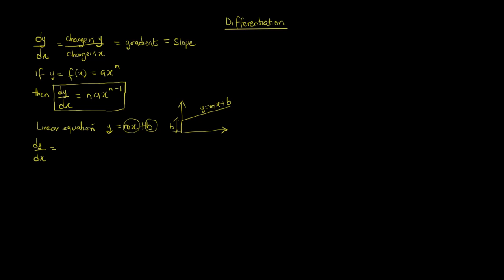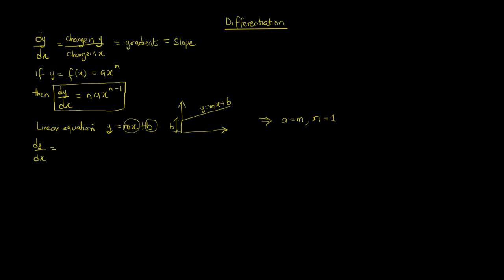So if we apply the formula, you can see clearly that in this case, when we're looking at the mx, my a is equal to my m, and my n itself is equal to 1, right? Okay, good.